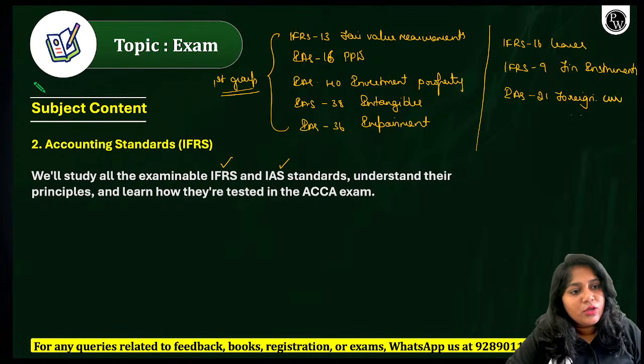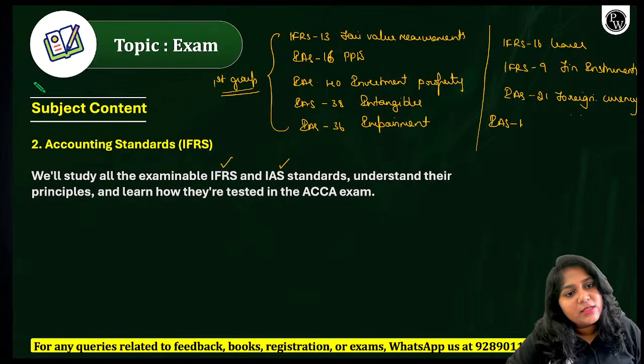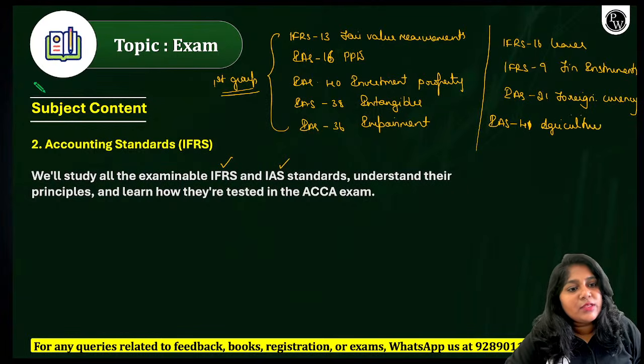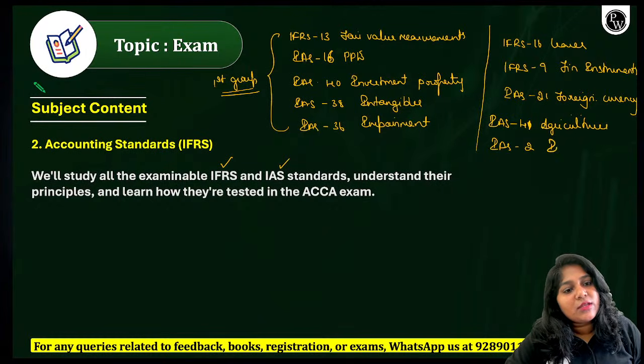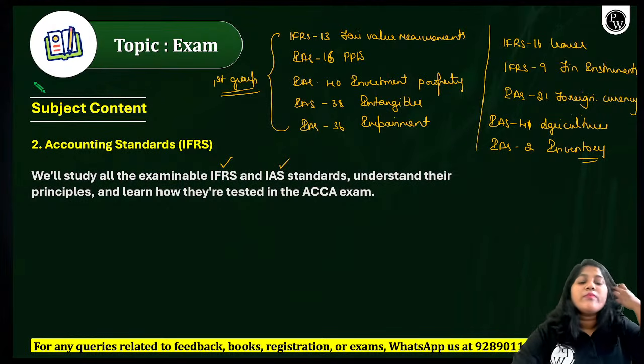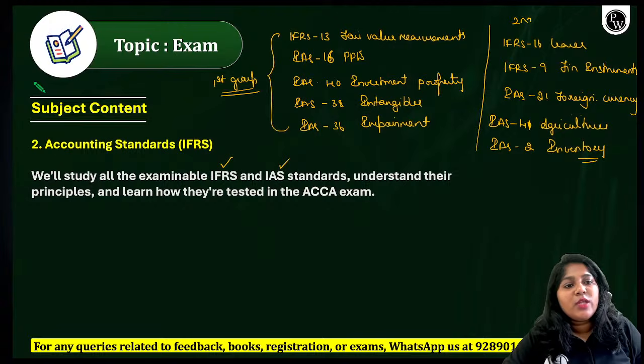You should know when you look into the recorded sessions. Then finish off IAS 41 agricultural asset and IAS 2 inventories. So this is one group that I want you guys to study. Okay. So this is the second group that you have to study after your first one.